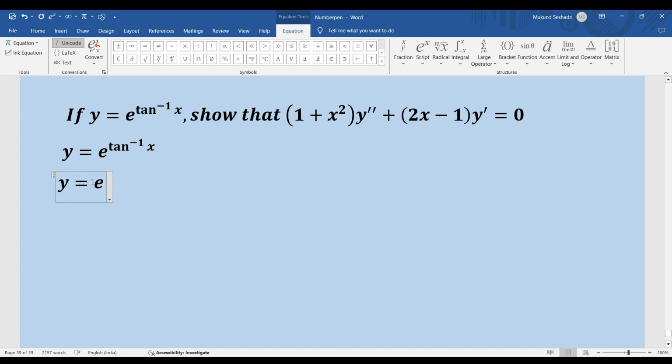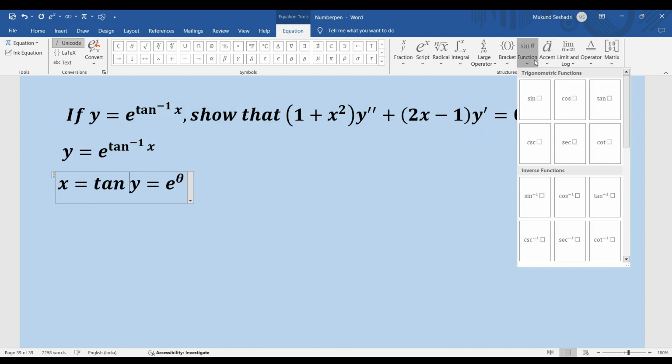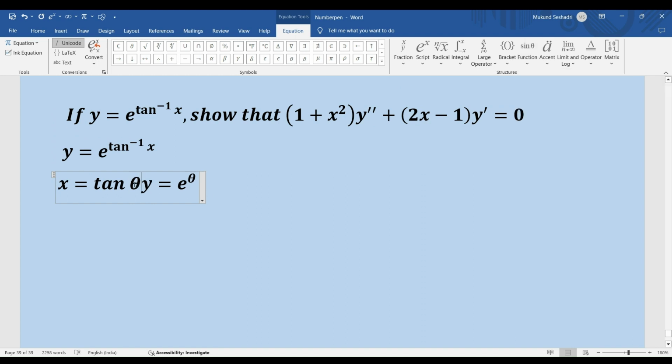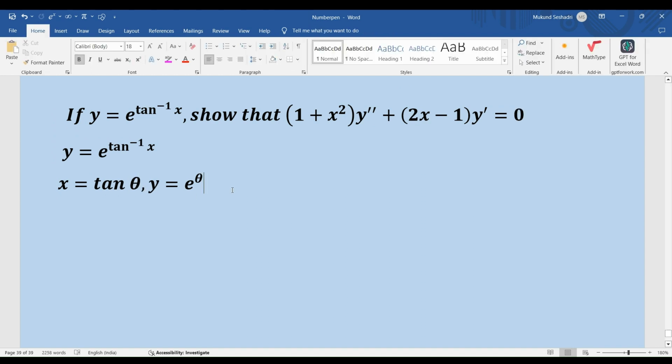It becomes e to the power tan inverse of tan theta, which is nothing but theta, right? I'll write down the substitution here. My x equals tan theta, and therefore now my y equals e to the power theta, right?